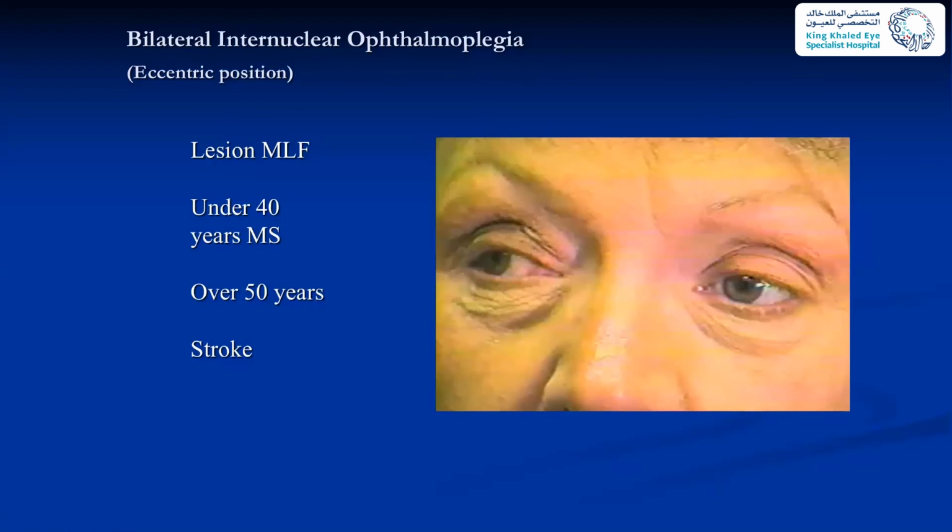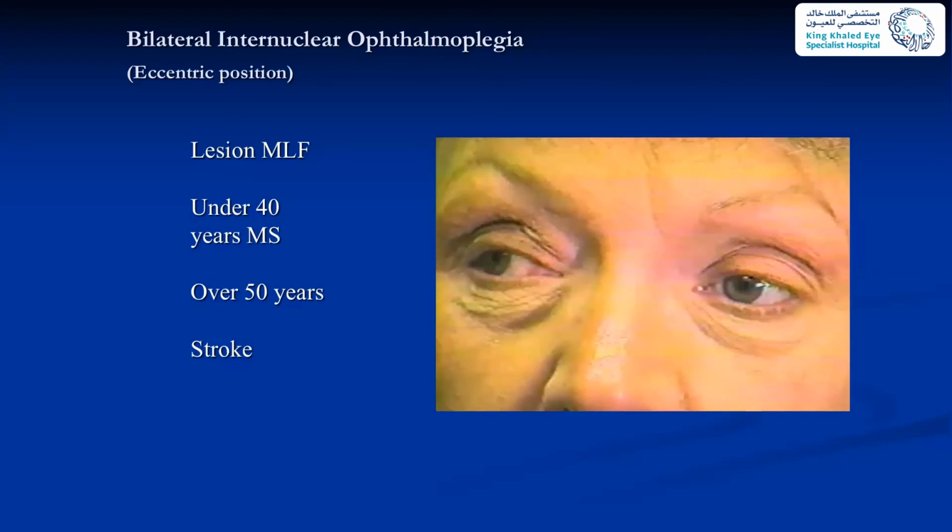Now, you will not be able to diagnose internuclear ophthalmoplegia unless you are doing saccade and pursuit examination. You might miss it, okay? If you do extraocular motility alone, you have to do the saccade and pursuit.